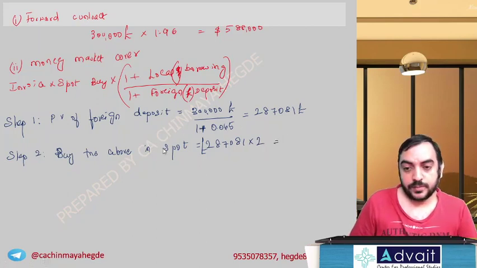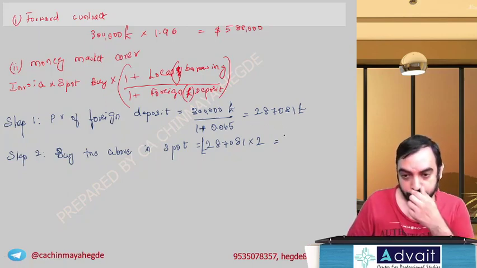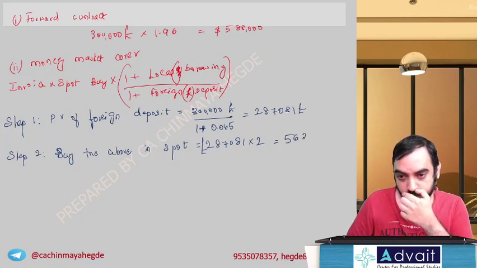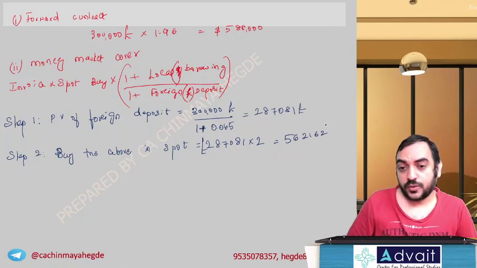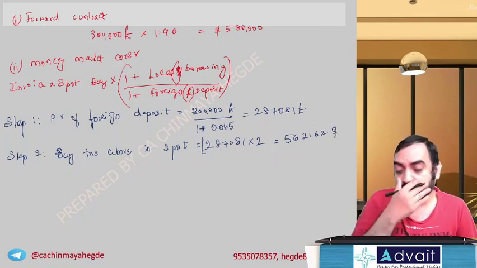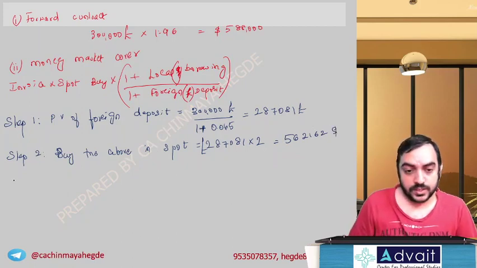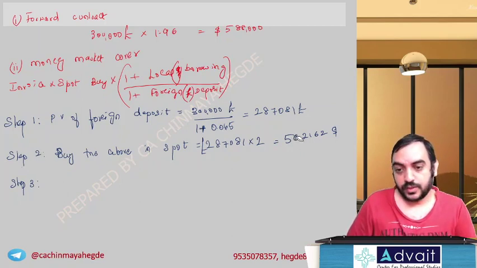So 287,081 into 2 is 574,162. This will be in dollars now, because once you apply the rate, you get dollars.